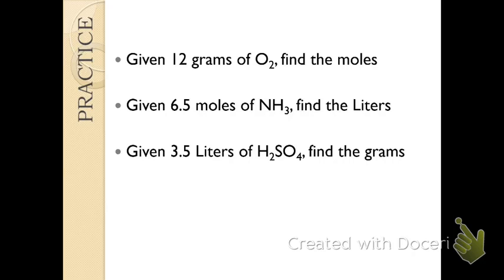So here I have grams to moles. So my mole is here, and I go to and come from the mass, which is in grams. I'm going from grams to moles, so I'm not going to multiply. I'm going to divide to get from grams to moles. And I'm going to have to do that with the molar mass. So I look at my red, white, and blue periodic table.